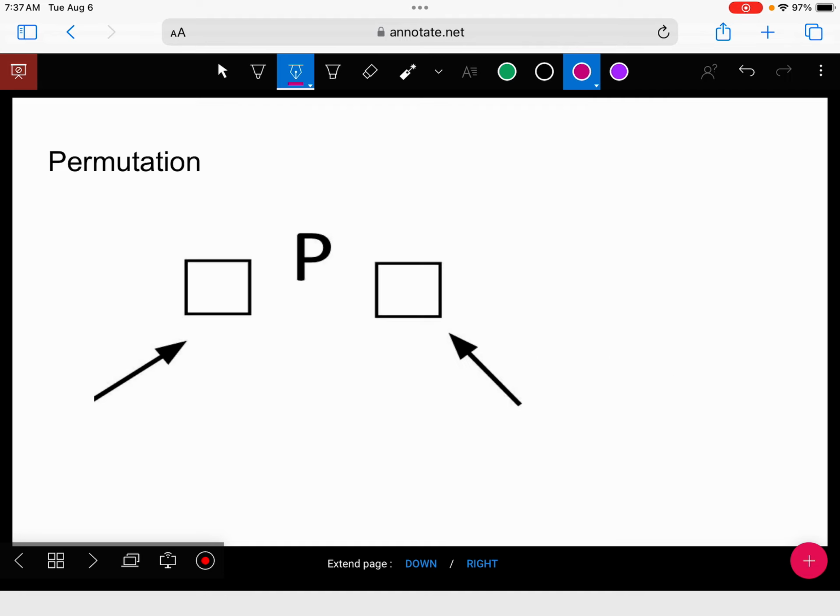So in the packet, it says, what is a permutation? And then it has this picture. Above it, I'm going to write our definition for permutation.